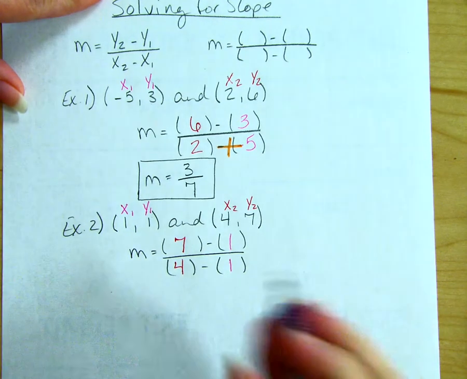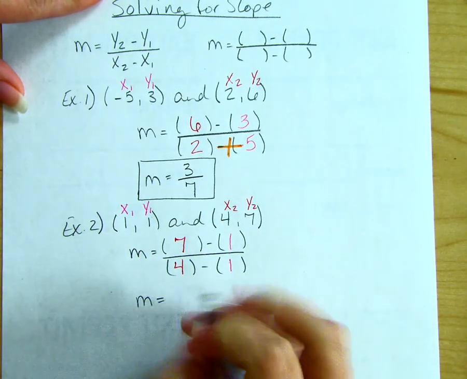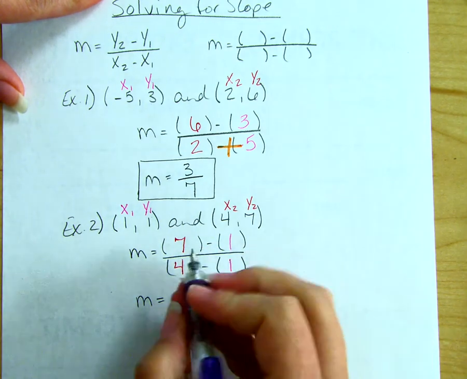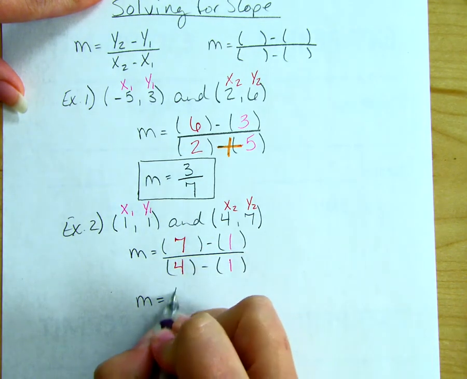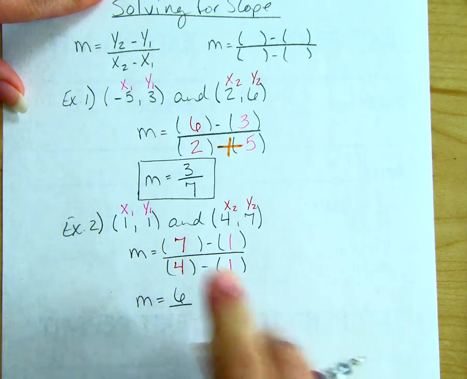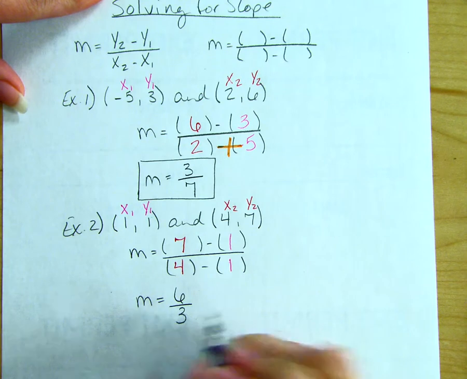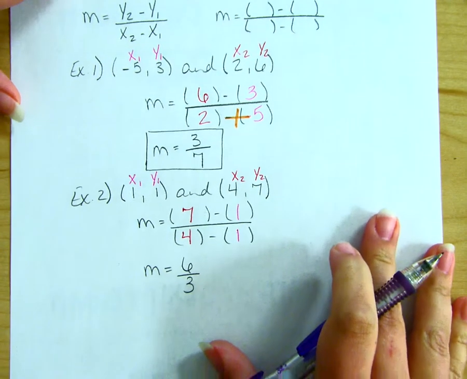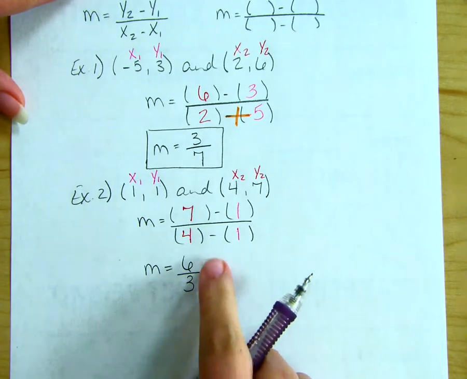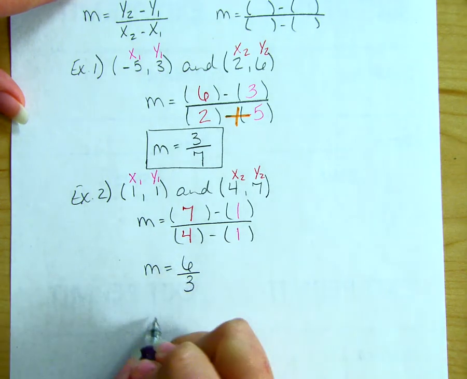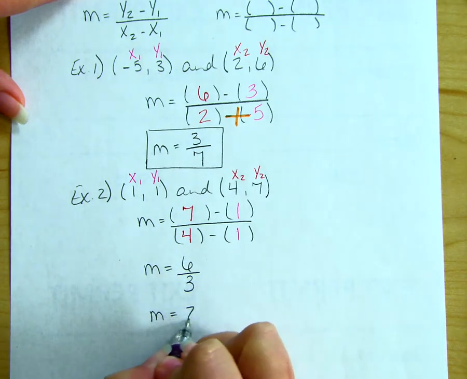Then I'm going to do that simple math. 7 minus 1. Well, that's simply going to be 6. And then I have 4 minus 1, which is 3. In this case, this fraction can be reduced because 3 does go into 6. And I have 6 divided by 3, which is 2. So my slope in this case is 2.